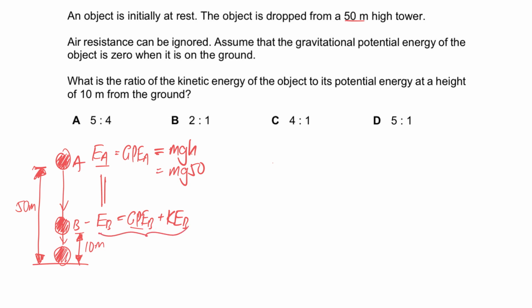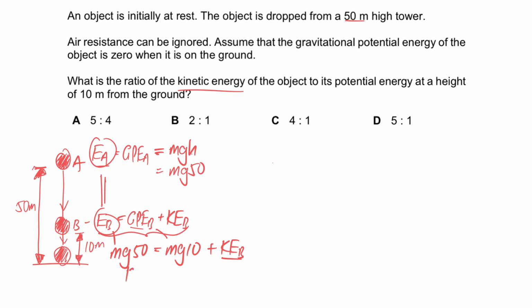Let's simplify this. As we know, total energy at point A equals total energy at point B because conservation of energy means it remains constant. So the total energy mg50 equals the GPE at point B, which is mg times 10, plus KE at point B. Now you do not open this up to half mv squared, because I want the whole kinetic energy at point B, not the speed.